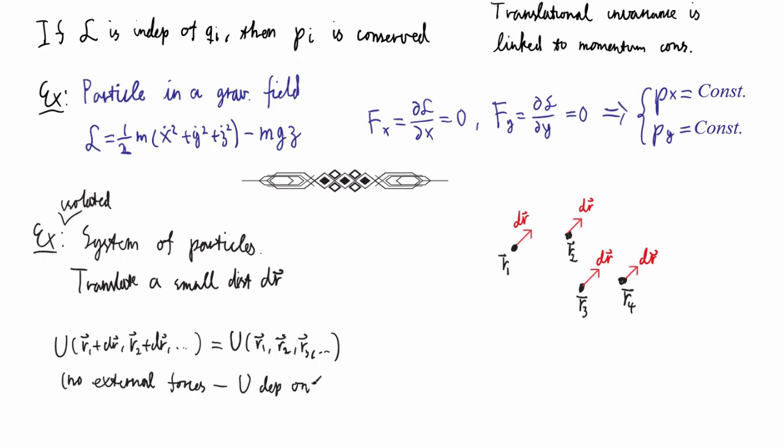So U depends only on the differences between two positions of particles, like r sub i minus r sub j.